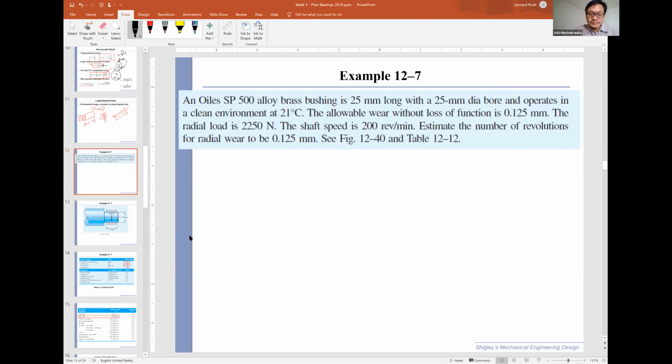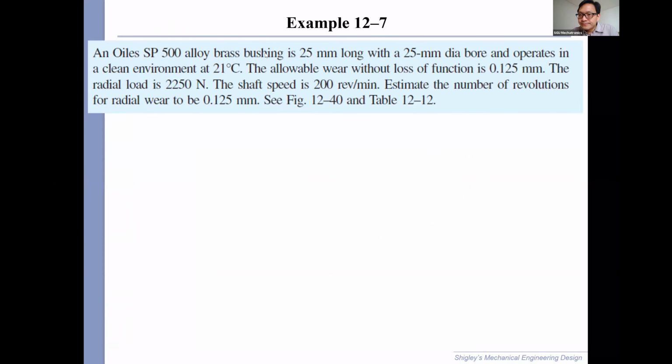Okay, so we'll proceed to this example. An oilless SP500, that's the type of the bushing. It's a brass bushing, alloy brass, 25 millimeter long, Celsius. We will start to get into temperature here also.